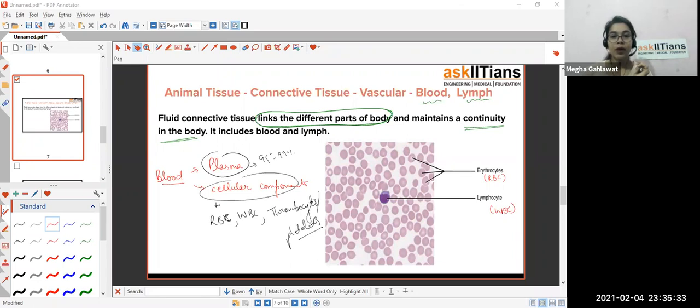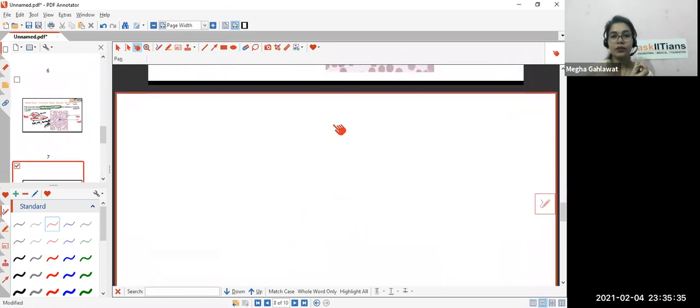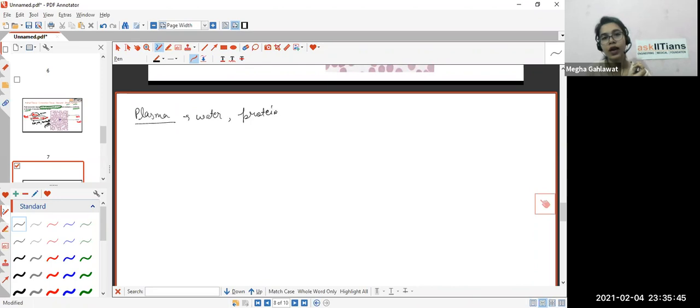So starting with the plasma proteins first. Plasma has water, which we all know about, and it has the proteins. Out of these proteins we'll be discussing three which are present. We have the globulin, which I'll be writing down here for you.